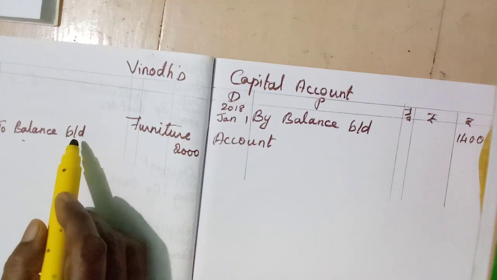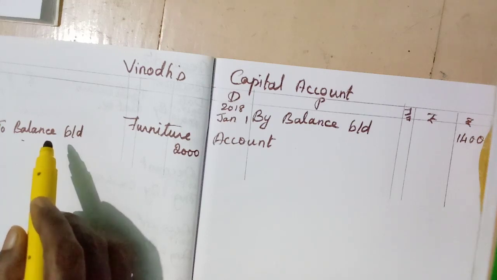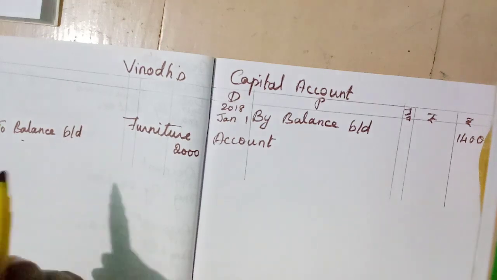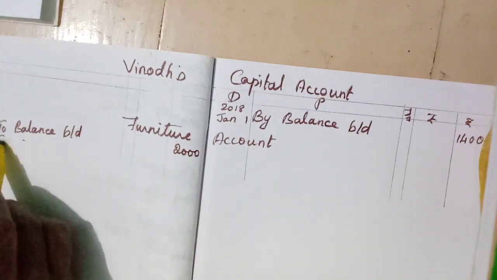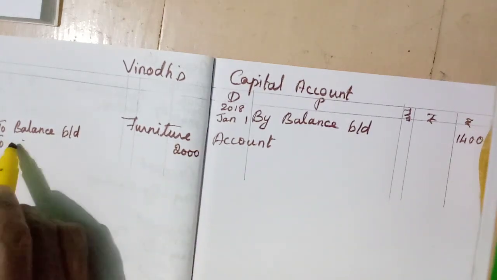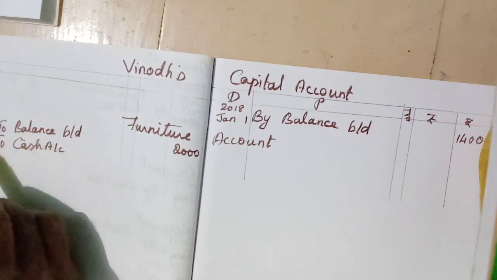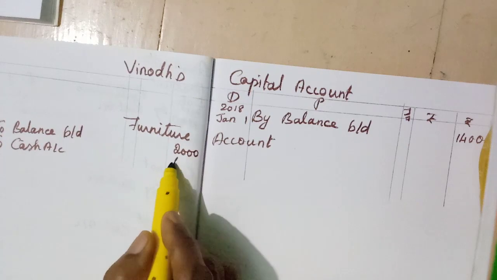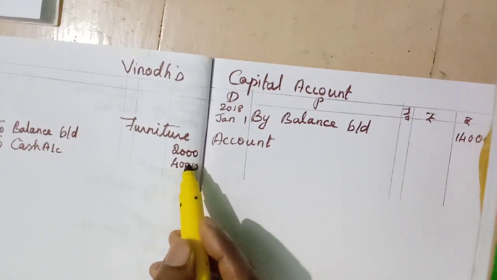Purchased furniture for cash. What is the entry? Purchased furniture means should not write for that goods. Okay, purchases. Simply furniture account debit to cash. Again, same. Furniture debited. So debit side to cash account. Date, same date, 1. 4,000. Then sold furniture. What is the entry?